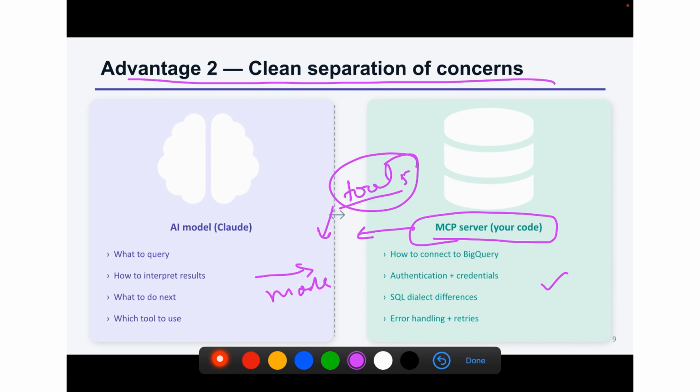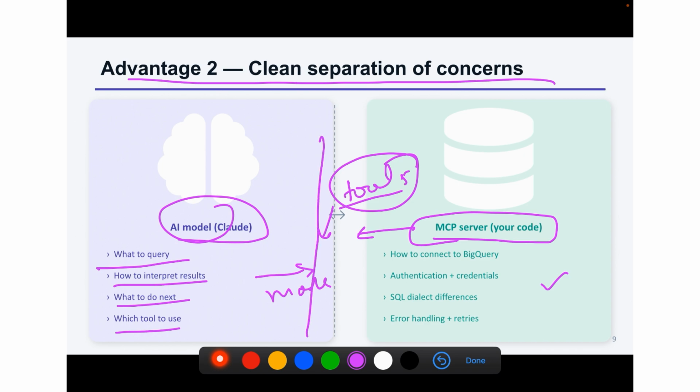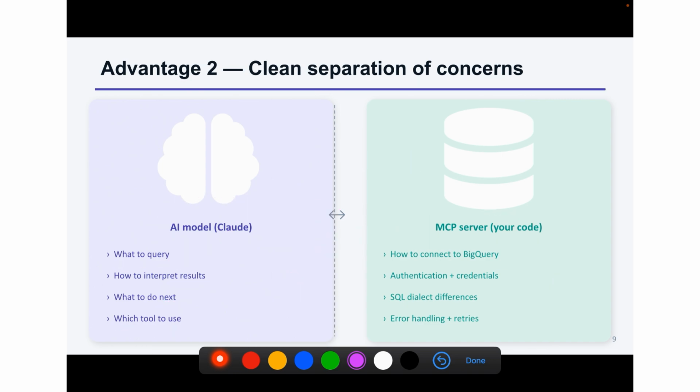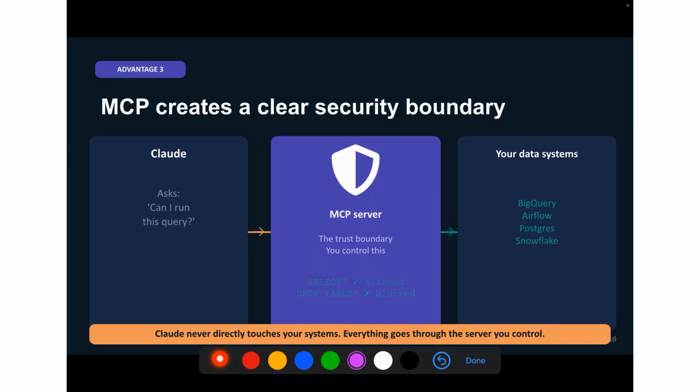So all the tools and resources are exposed so that the model knows how to query, how to interpret results, what to do next, and which tools are available to use. Now we have a clean separation of concerns. The model does not need to worry about how this is going to be used. All right, let's move to the next one.